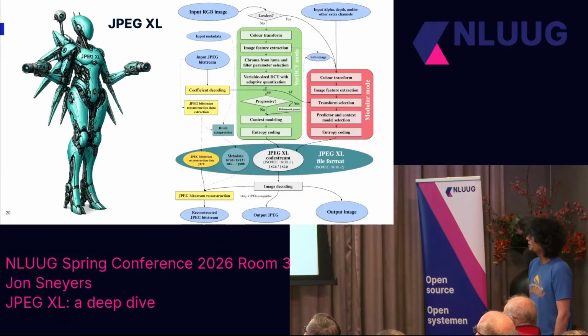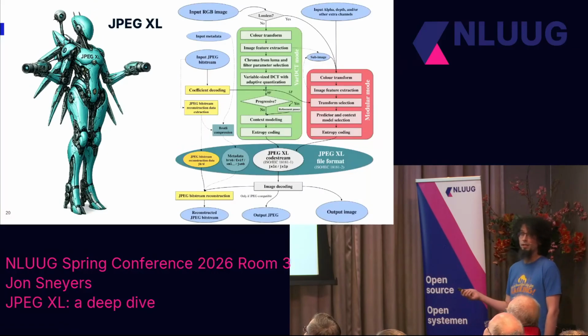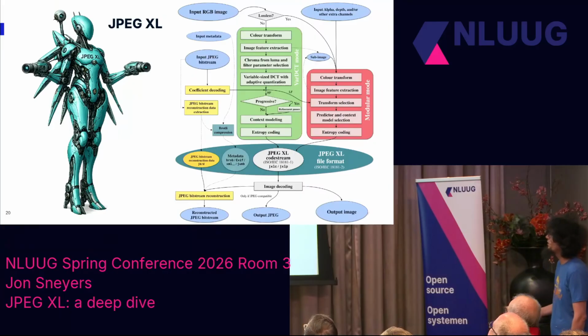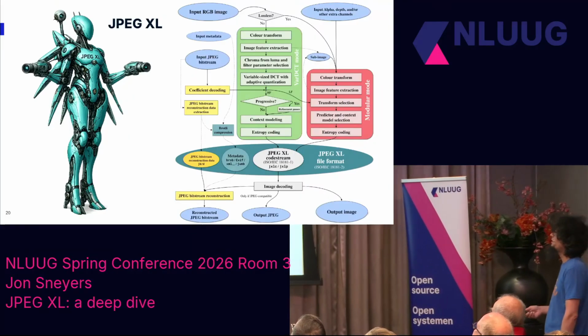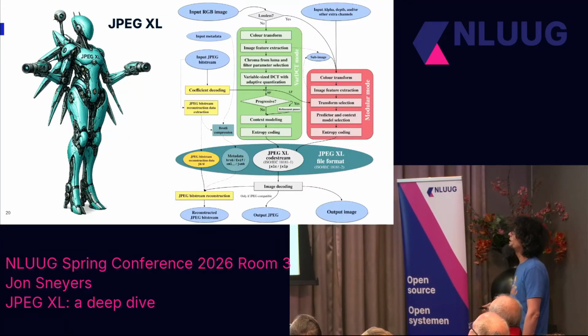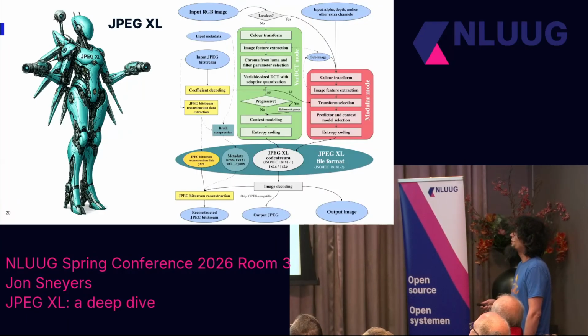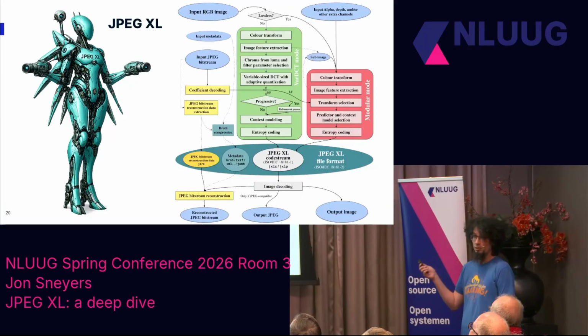For JPEG XL, this is what the diagram looks like. So you can see there's more stuff, and I will go into each of these details later. But one of the big things is we can do lossless now. It's not obligatory to apply the DCT transform, which is inherently lossy.